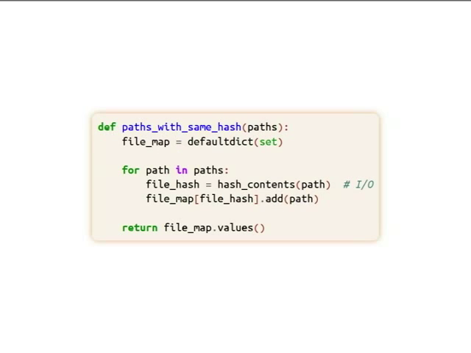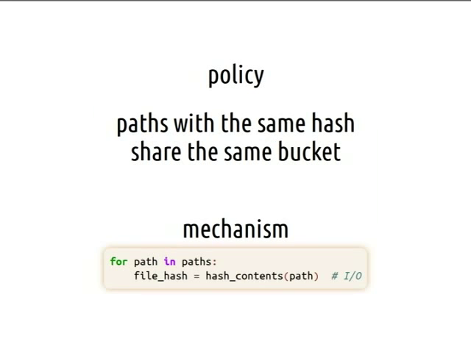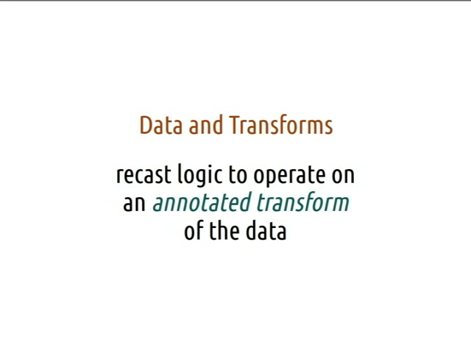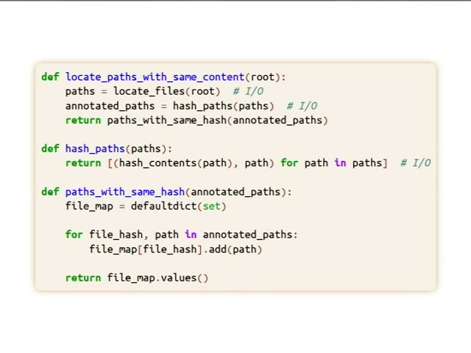So how would we express this as a transformation of data? The way you do it is to recast the logic part to work on what I'll call an annotated transform of the data. What do you mean by that? When you see it, you'll be like, well, duh. It's simply this.